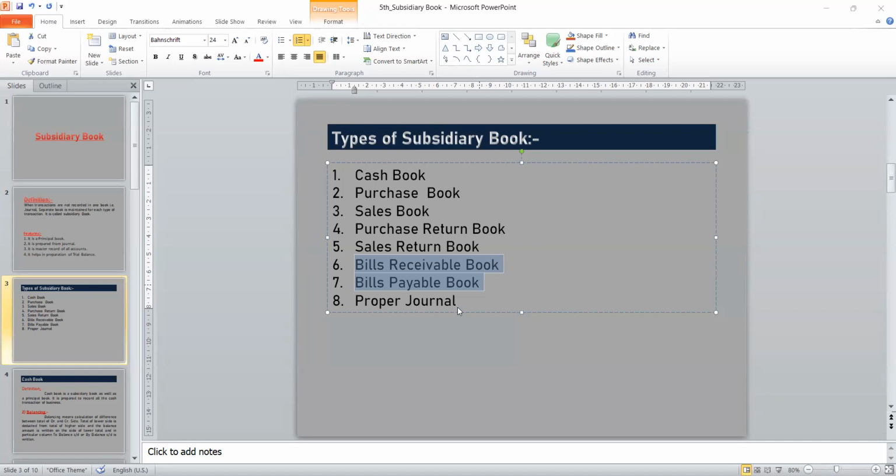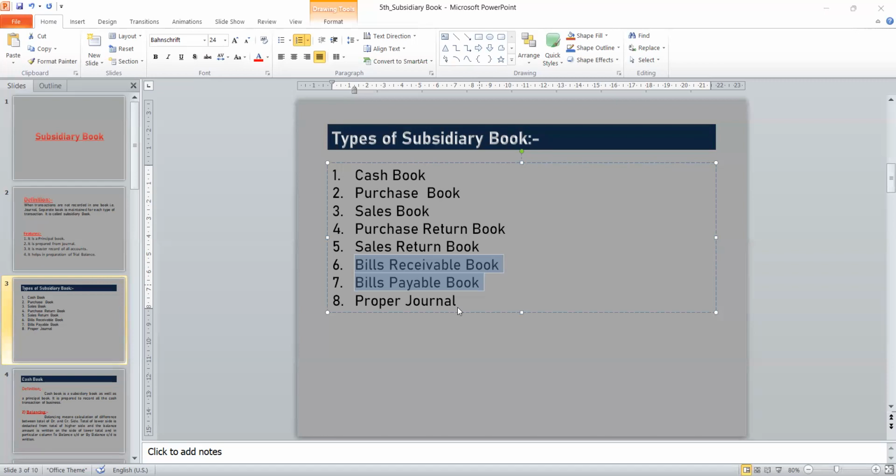But it is different from the simple journal. Why? Because in the journal you record all types of transactions, but in the proper journal you record only those transactions which are not included in any of the other books.